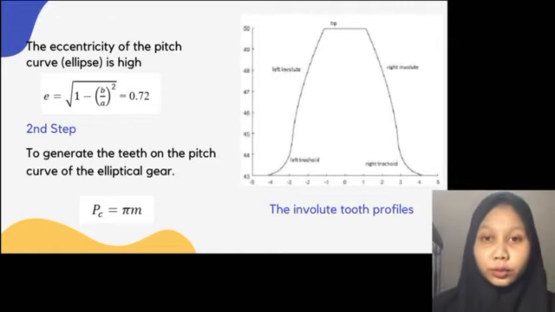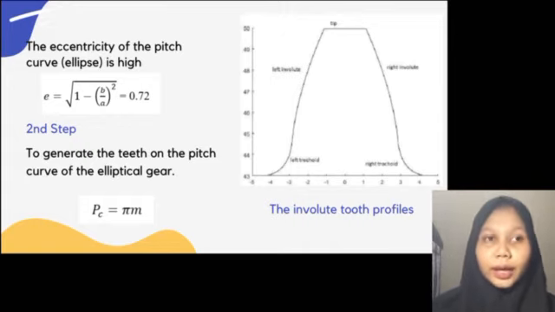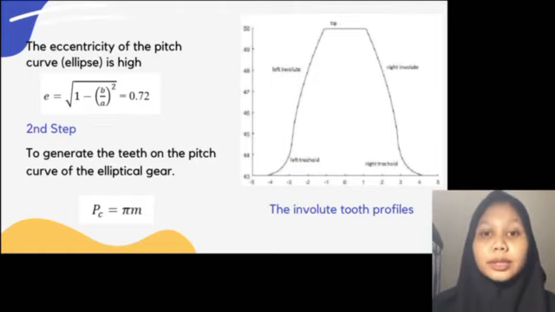I am going to explain how to generate the teeth of the pitch curve on the elliptical gear. The equation is PC equal to pi multiplied by m.